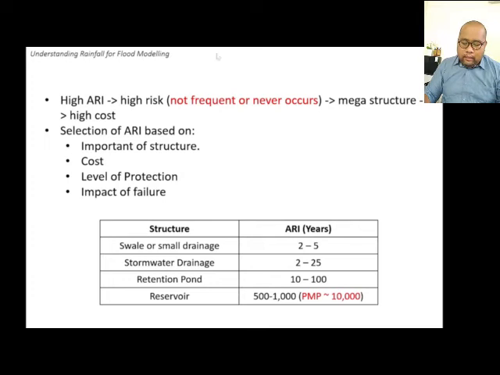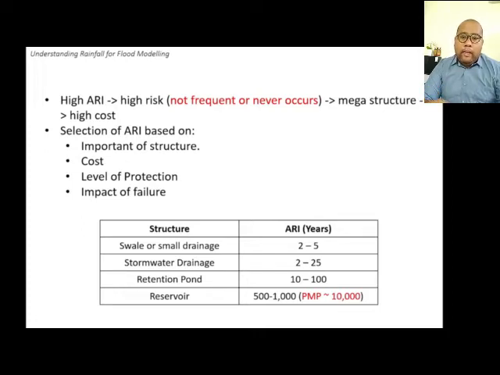So as you can see in this table, for the swale or small drainage, okay, swale ni macam dia macam longkang tau, but normally for longkang we use concrete. The lining of the drain is normally concrete, but for the swale, diorang tanam rumput lah, and then at the bottom of the swale they put some, what do we call that, dia letak macam jaring-jaring.